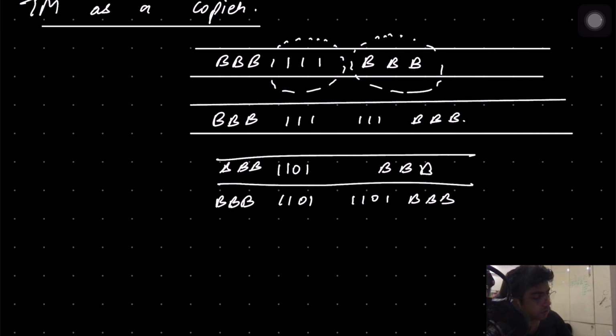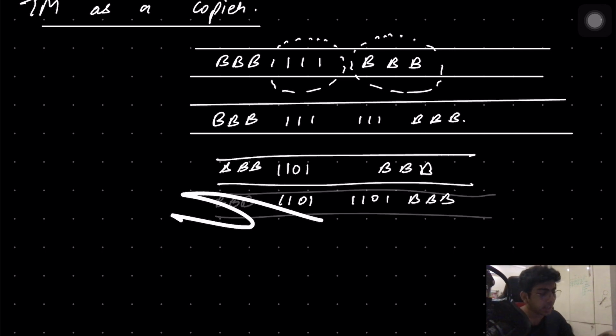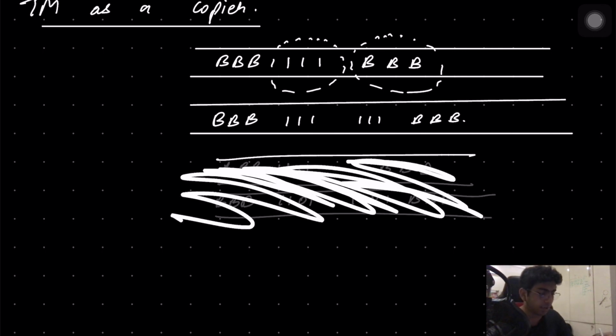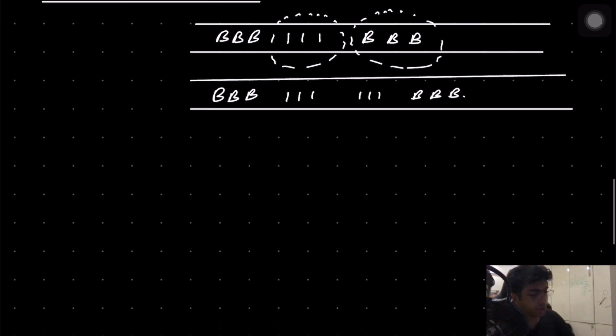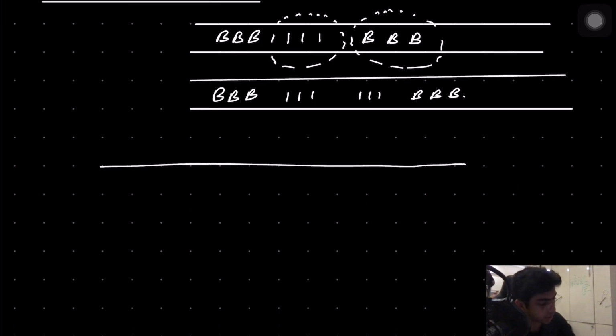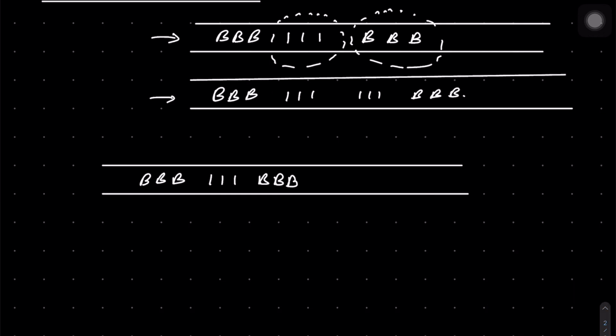Okay, let's see how we can make a Turing machine for the same. I'll just draw this string over here again, blank blank blank 1 1 1 blank blank.